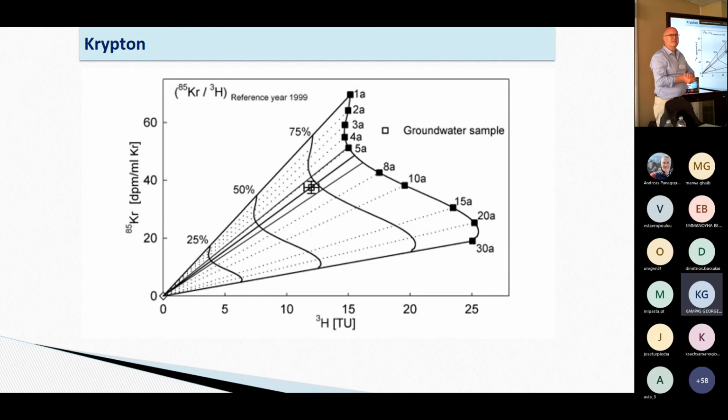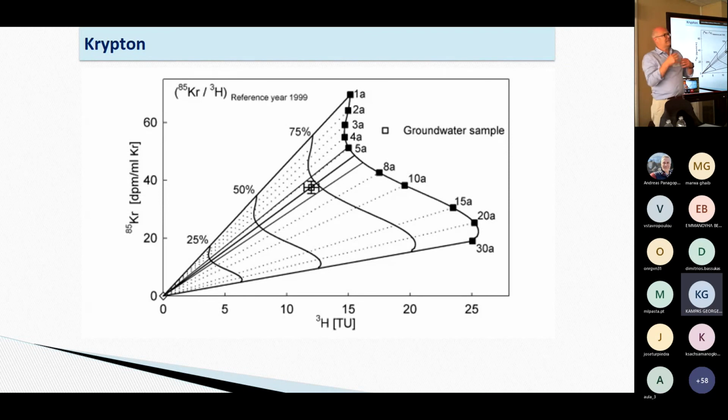We call this shape a sail, like what you have in sailing boats. Now this gives us 2 pieces of information. The first one is the age. So these are the ages: this is very young and this is old. And it gives us the mixing ratio between the young water and the old component.